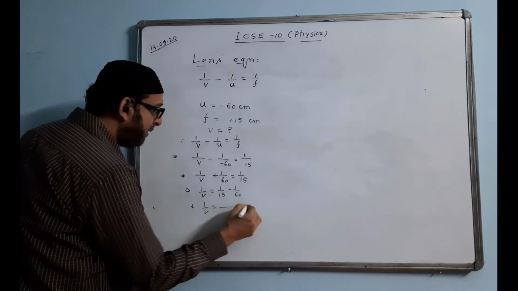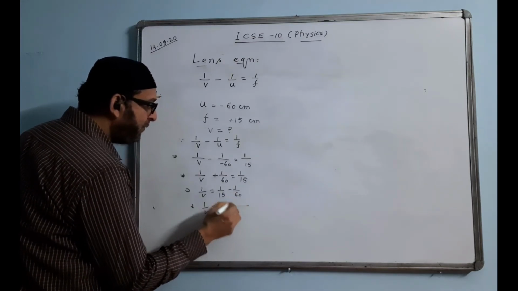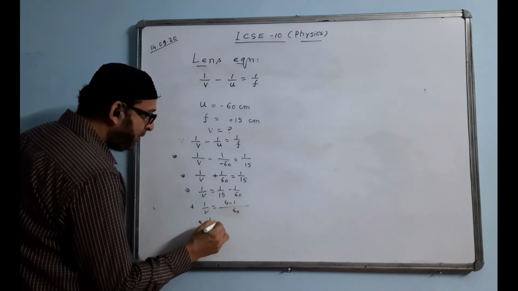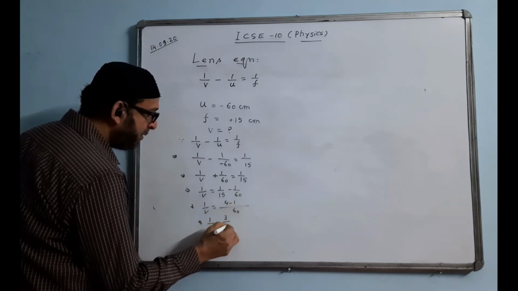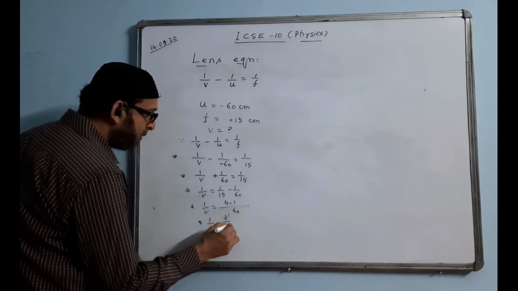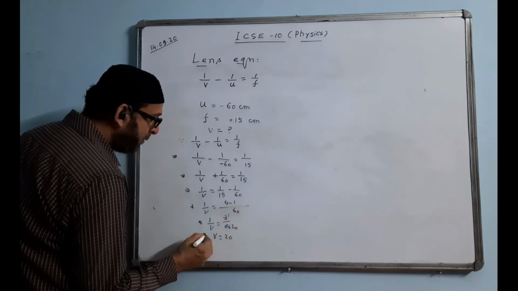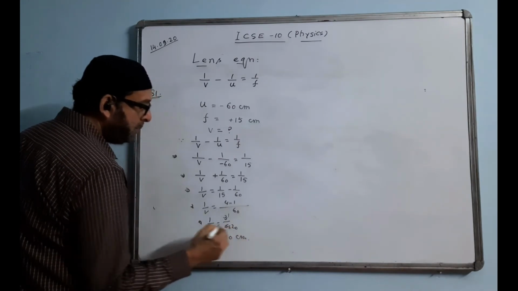Taking the LCM of 15 and 60, which is 60: 1 by v equals 3 by 60, so reciprocating, v becomes 20 centimeter.